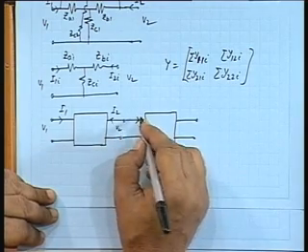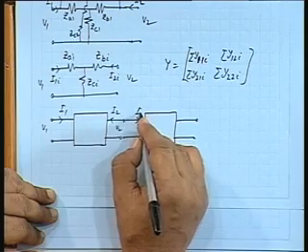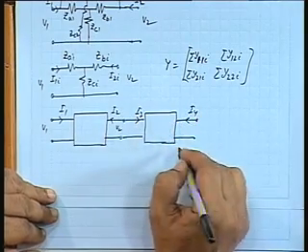Again this I2 becomes I3, I4. I2 is minus I3, or I3 is minus I2.